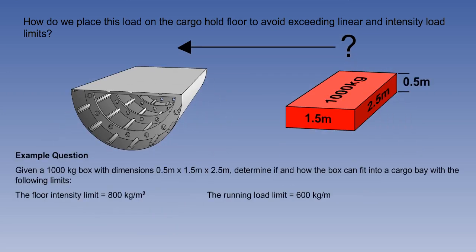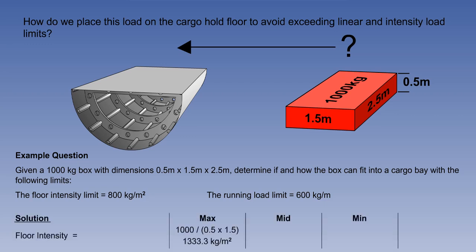Let us look at an example of a box of mass 1000 kilograms with dimensions of 0.5 meters by 1.5 meters by 2.5 meters, which has to be loaded into a cargo hold and be within the intensity and linear limits. The floor loading limits are intensity 800 kilograms per square meter and running 600 kilograms per meter.